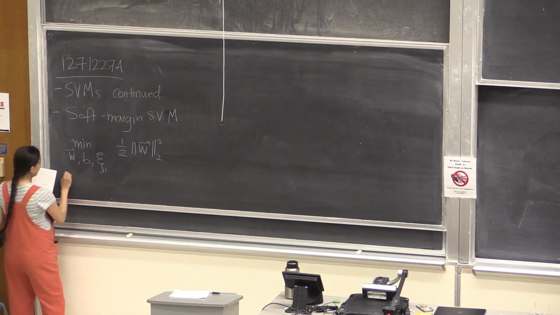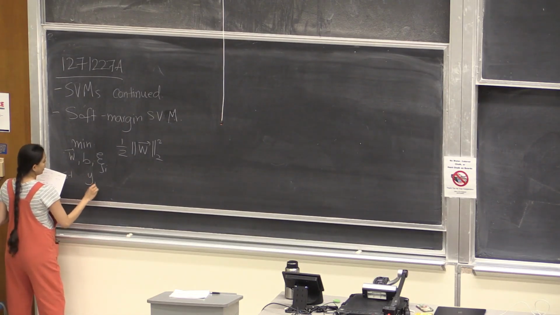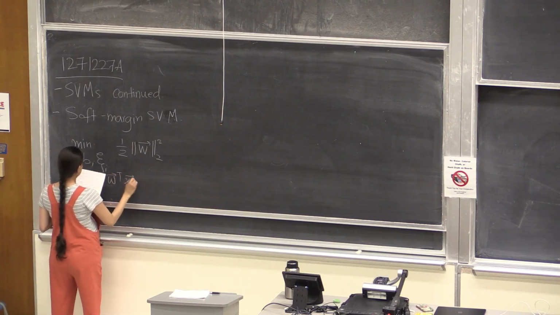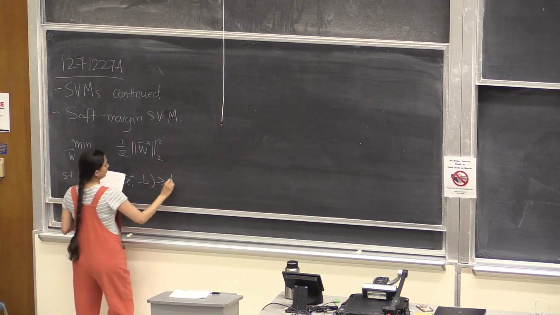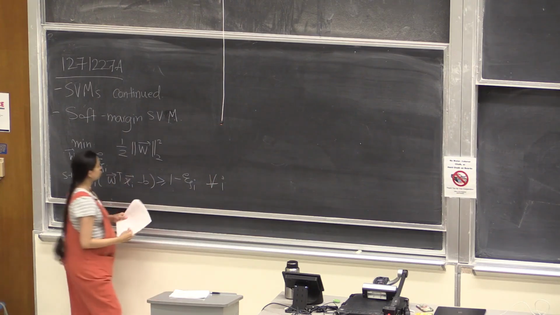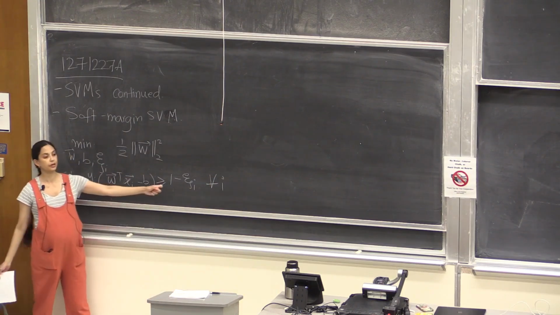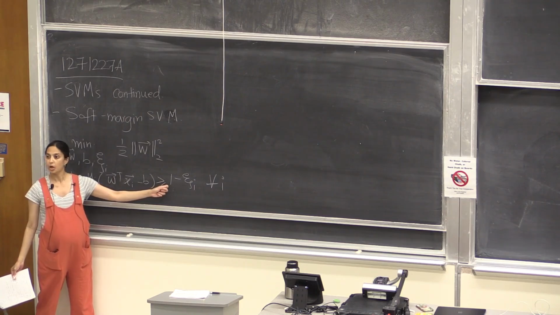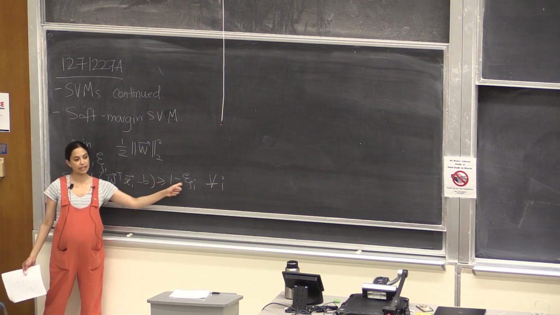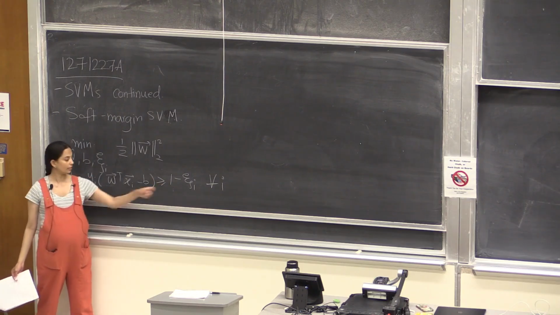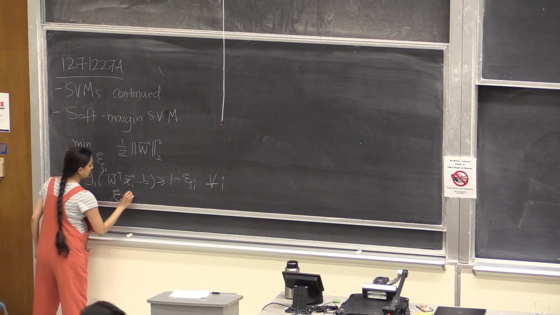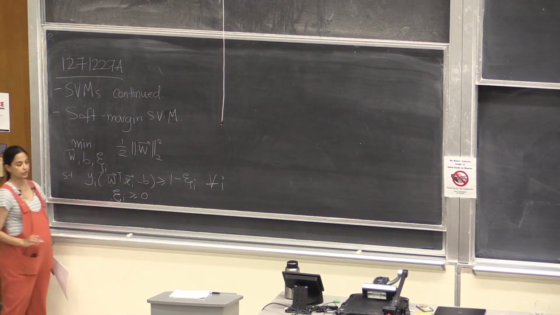And then we had the constraints yi times W transpose xi minus b greater than or equal to 1 minus psi i for every i. So the hard margin SVM, we had this thing greater than or equal to 1. Remember? But for the soft margin, we said, well, we're actually willing to allow some violation. And we allow that violation to be psi i. We want that to be positive. So we have this constraint psi i greater than or equal to 0.